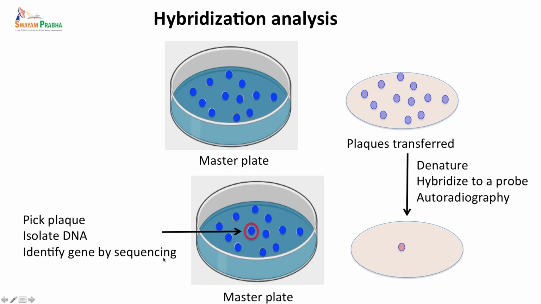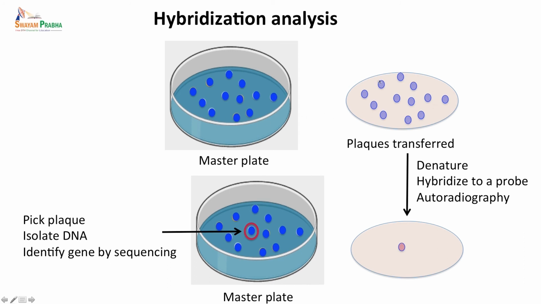Now, a similar kind of analysis can also be done for bacterial colonies, and that is done by what is known as replica plating, where you have a velvet covered head. It's like a rod that you gently press on the master plate and then plate it on several different plates and grow them in order to have a replica of all the colonies that are present on the plate.